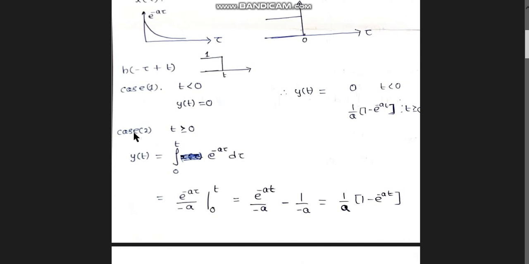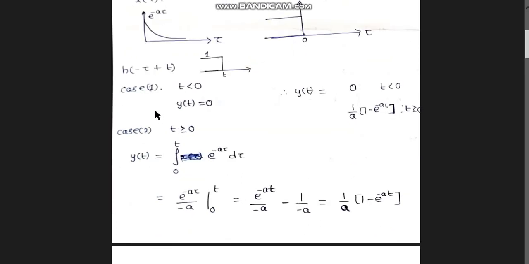Next, case 2, when t is greater than or equal to 0, this waveform comes somewhere over here. Depending on the value of t, it starts from minus infinity but ends at t, if t is a positive value. When you multiply, it will start from 0, because below 0 this waveform is 0, and after t it is 0.